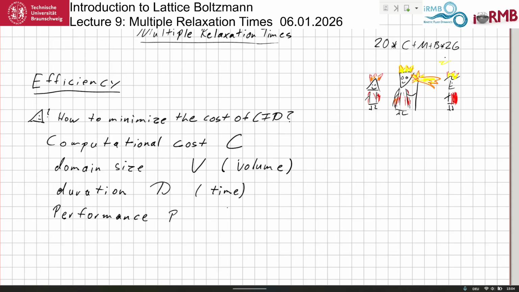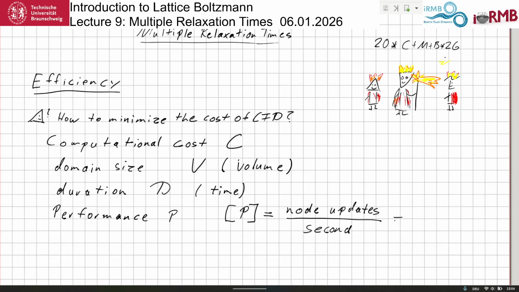Performance P. Now, the performance in the context of Lattice Boltzmann specifically is given in the units of node updates per second.